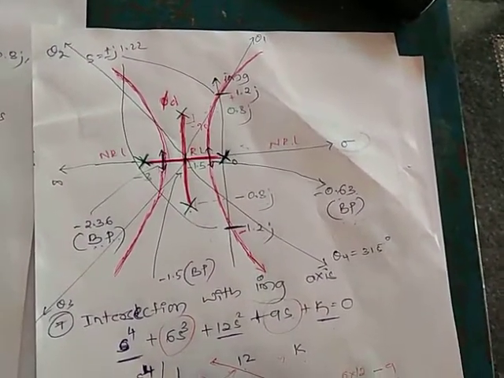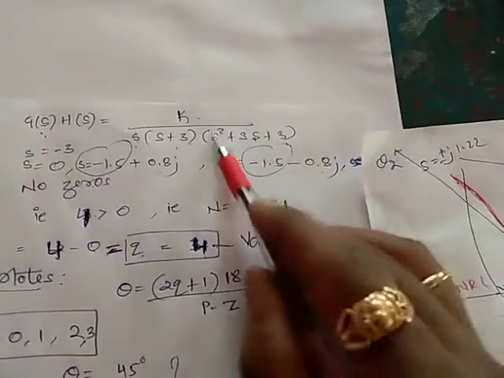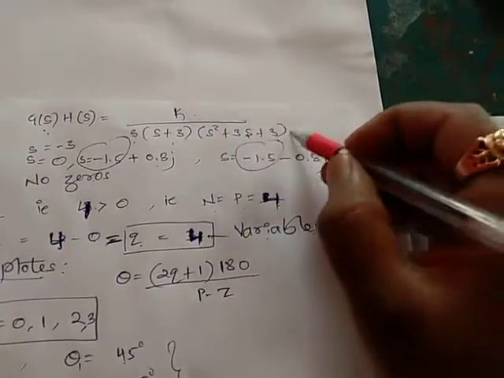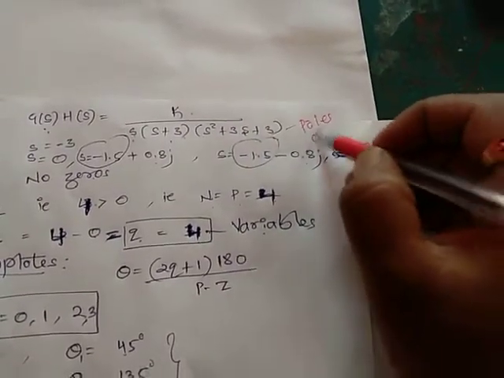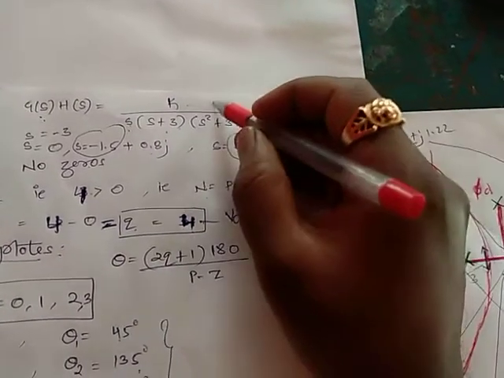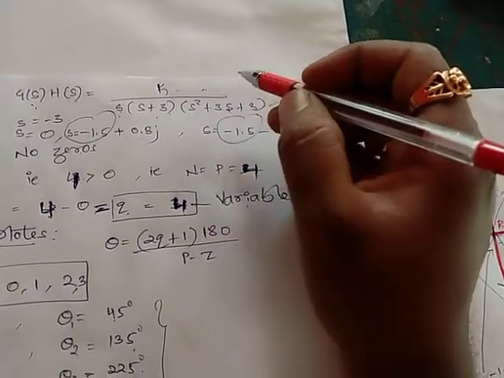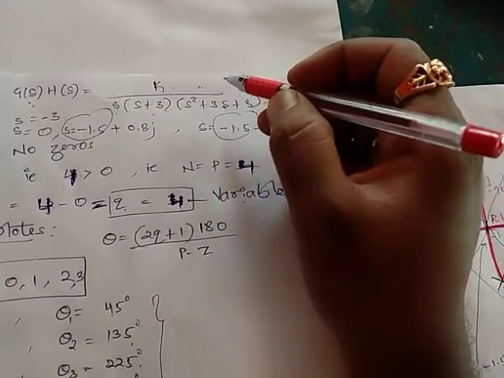Next is angle of departure. So when will this angle of departure exist? When in a question, if complex root is existing in the poles, then you should find phi d. Similarly, if complex root is existing in the numerator, that is in zeros, then you should solve angle of arrival.